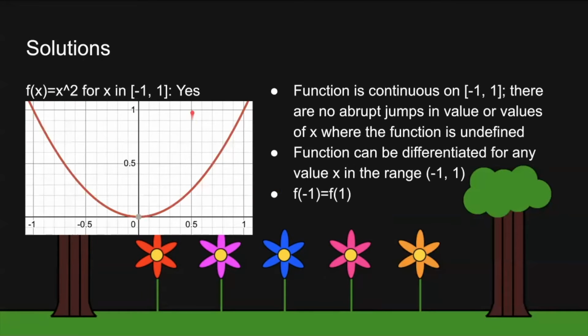Yes, it does satisfy the conditions because the function is continuous on the interval -1 comma 1, because there are no abrupt jumps in value or values of x where the function is undefined. And second, it can be differentiated for any value x in the range -1 comma 1. And third, f of -1 is equal to f of 1 because -1 squared is the same as 1 squared.